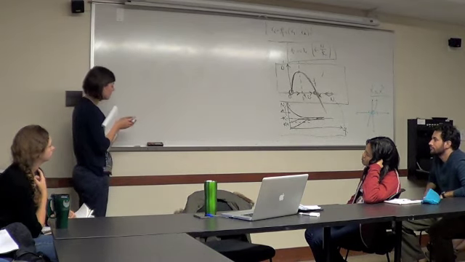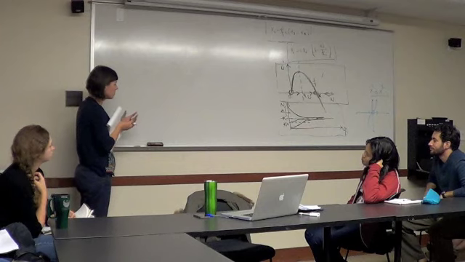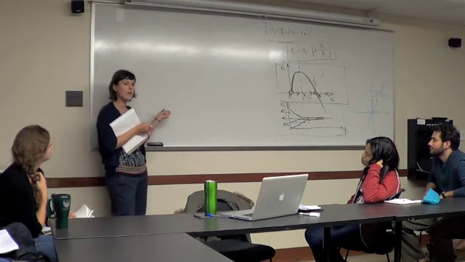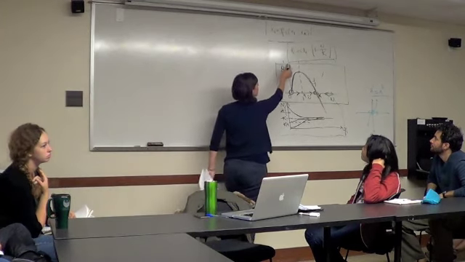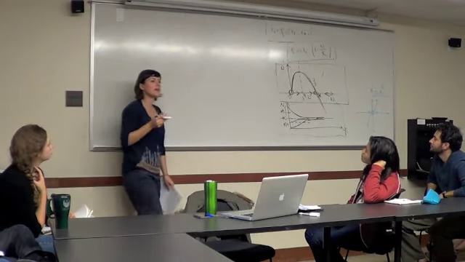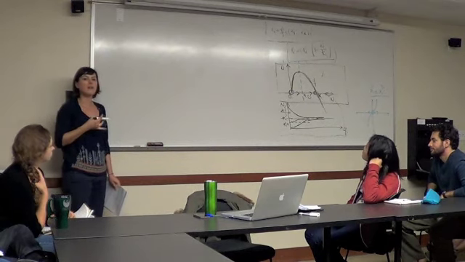But I mean, even for this last example that we talked about, which is sort of an equivalent of the logistic map, we saw that it all depended on the R parameter.